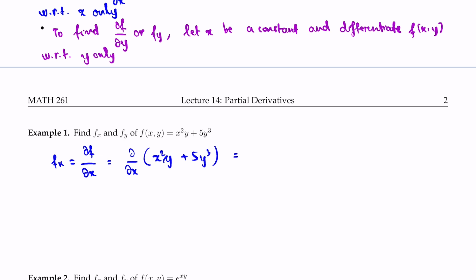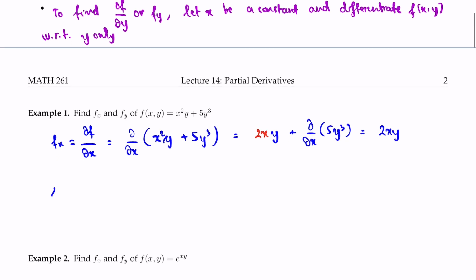So you're going to get 2x times y plus the partial derivative with respect to x of 5y cubed. And again, 5y cubed in this context is a constant, so the derivative of 5y cubed with respect to x is going to be equal to 0. So you only have 2xy as the answer.